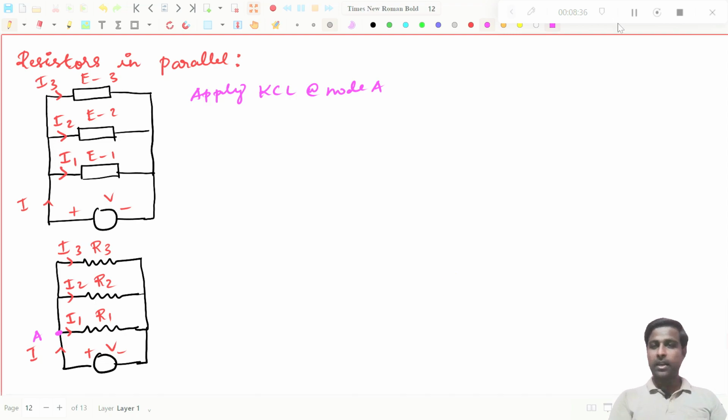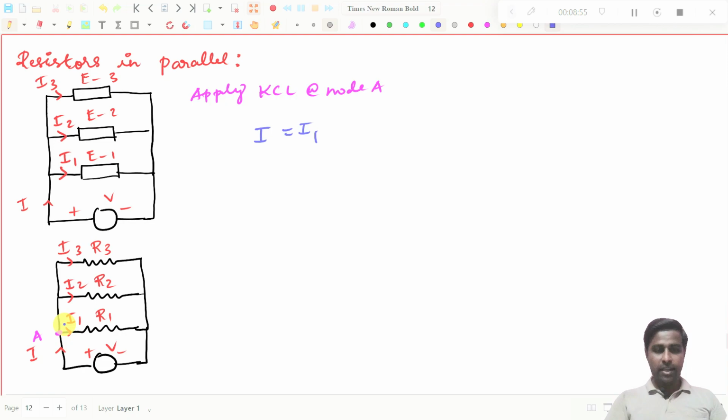If you apply KCL at node A, what will you get? You put an equal to symbol. You see, I is coming towards this node, so I will put I on the left hand side. And you see I1 is going away from this node, so I have to put it on the right hand side.